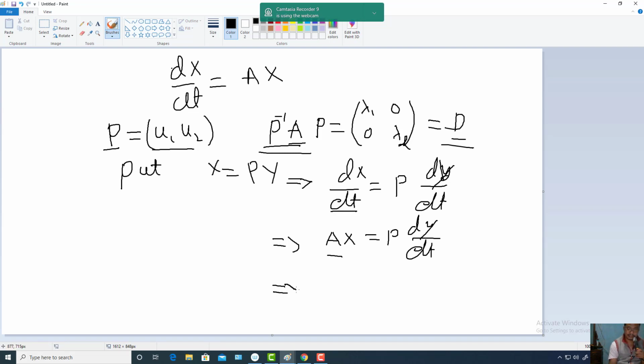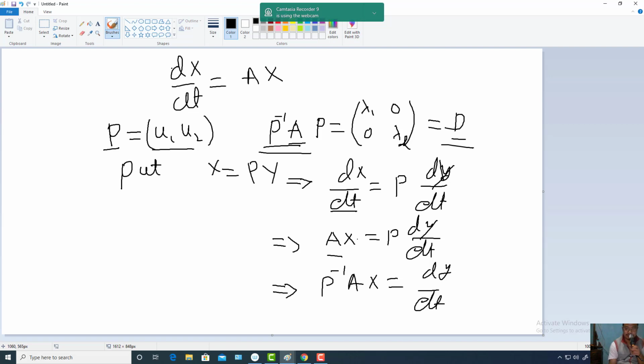This implies that, since p is invertible, multiplying both sides by p inverse, what you get? P inverse ax is equal to dy by dt.